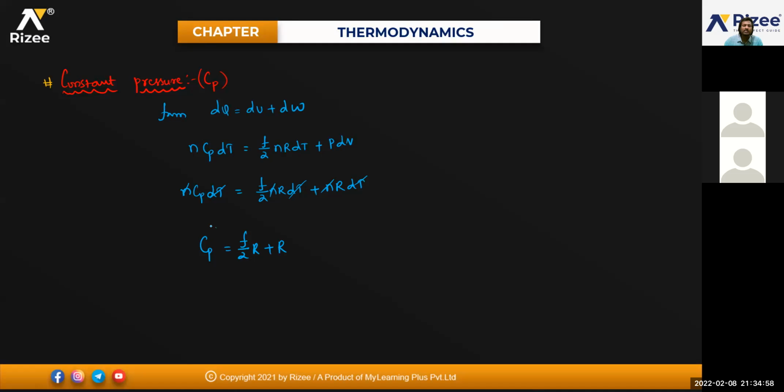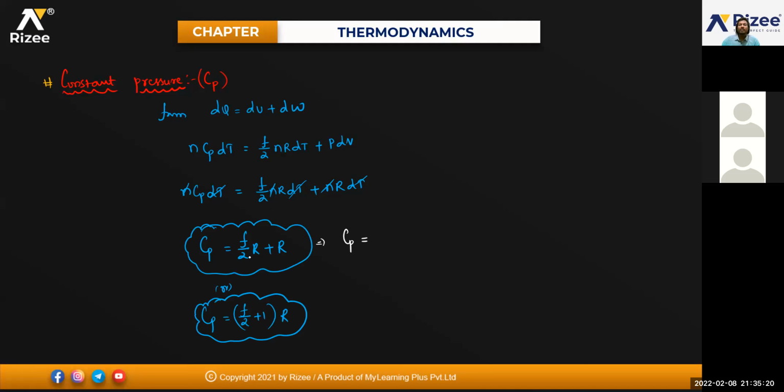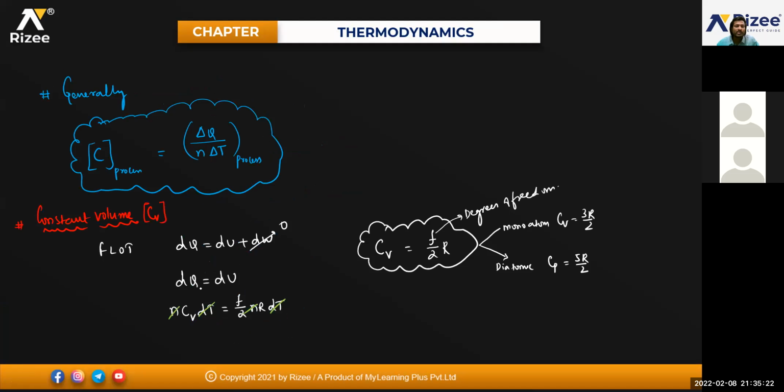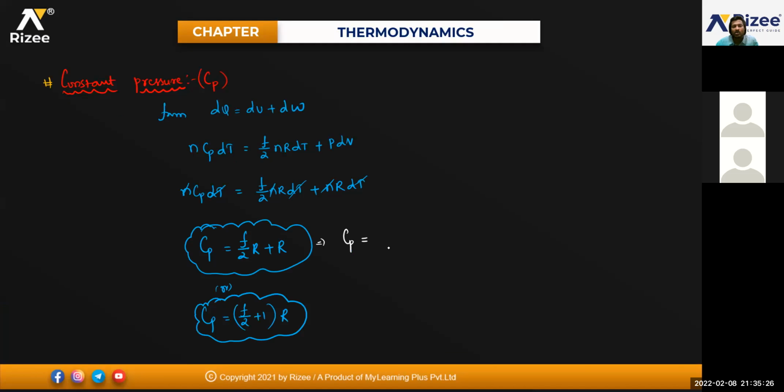So Cp will be equal to F by 2 into R plus R. I can write like this: Cp is equal to F by 2 plus 1 into R. Or else, if I rearrange, I can write Cp is equal to F by 2 R plus R. See here, F by 2 into R is Cv, molar specific heat at constant volume.